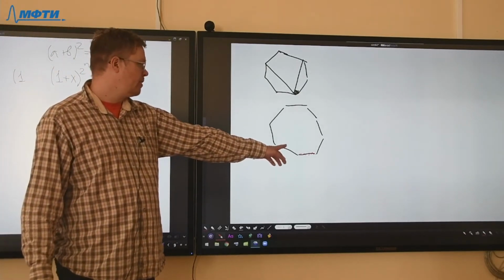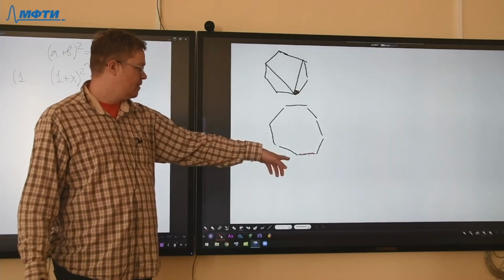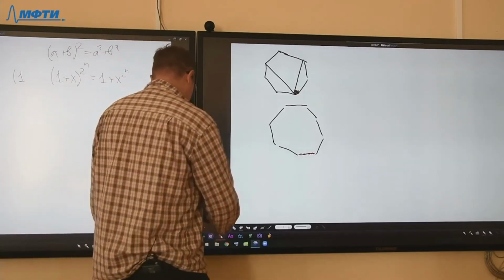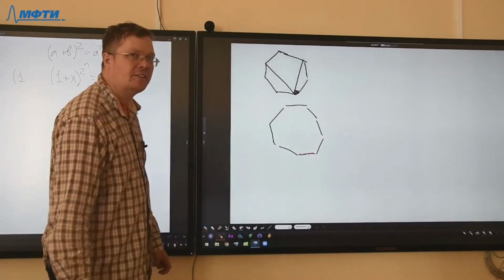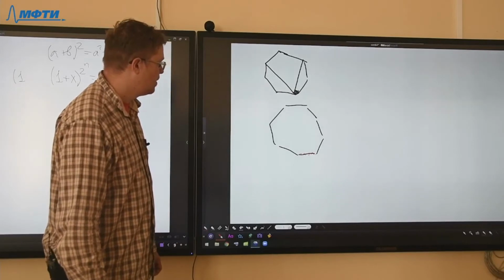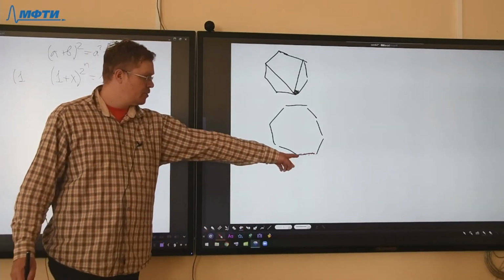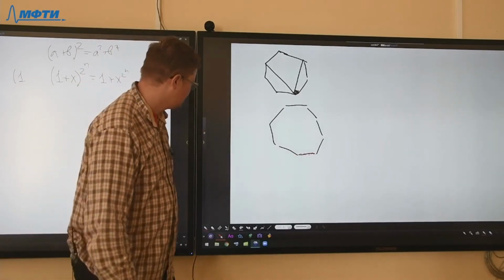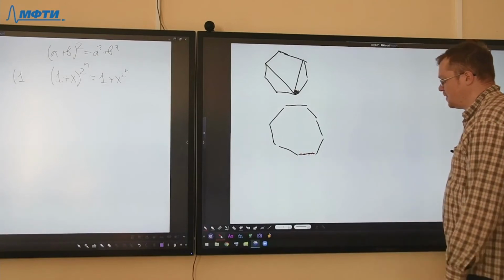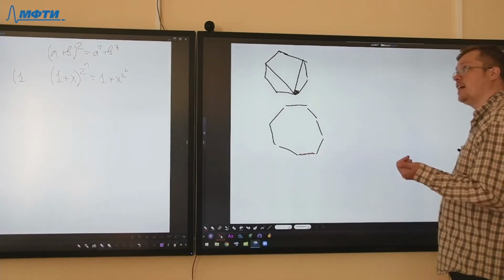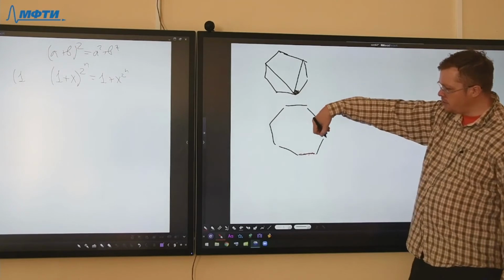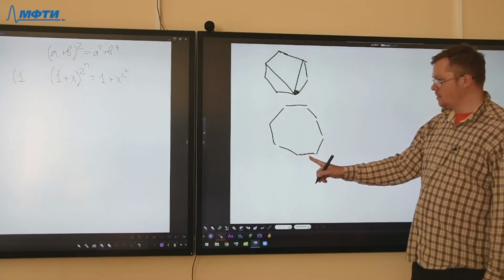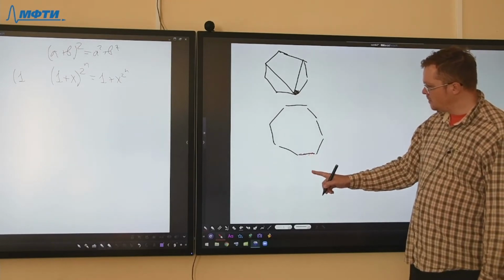How many triangles in the triangulation will have this edge inside of them? Six? Six triangles? Yes.